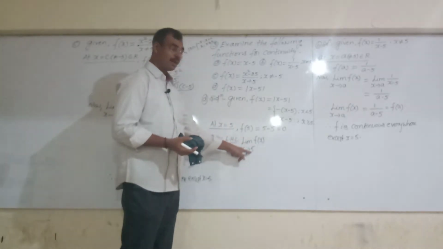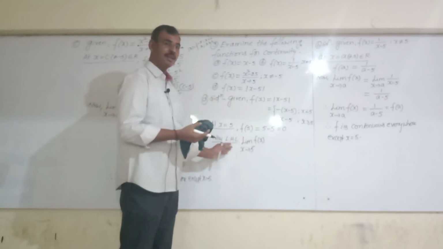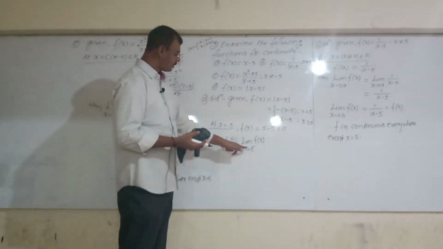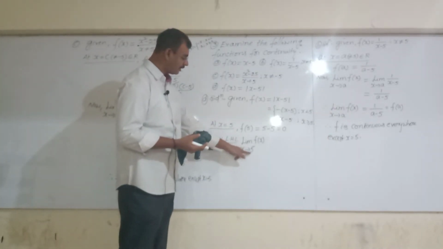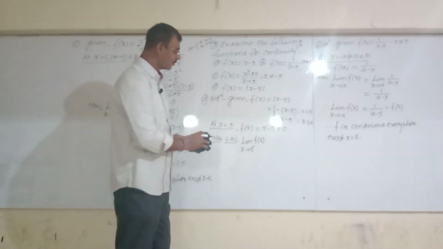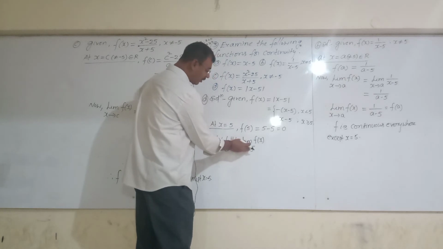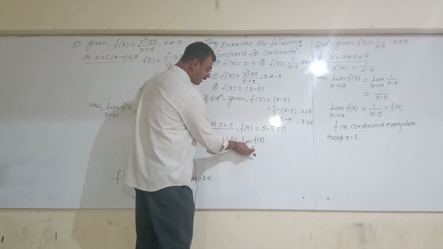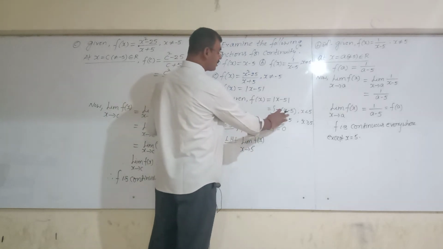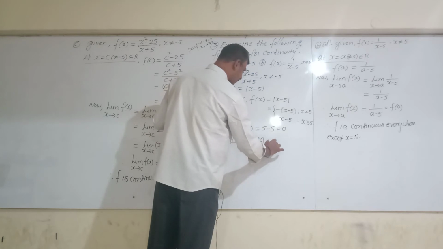It represents the left hand limit, from the left side. So I represent the left hand limit like this: a minus, 5 minus, 3 minus, 4 minus, like this. That is what smaller than 5 means. If x is smaller than 5, what is the f of x value? This is minus of x minus 5.